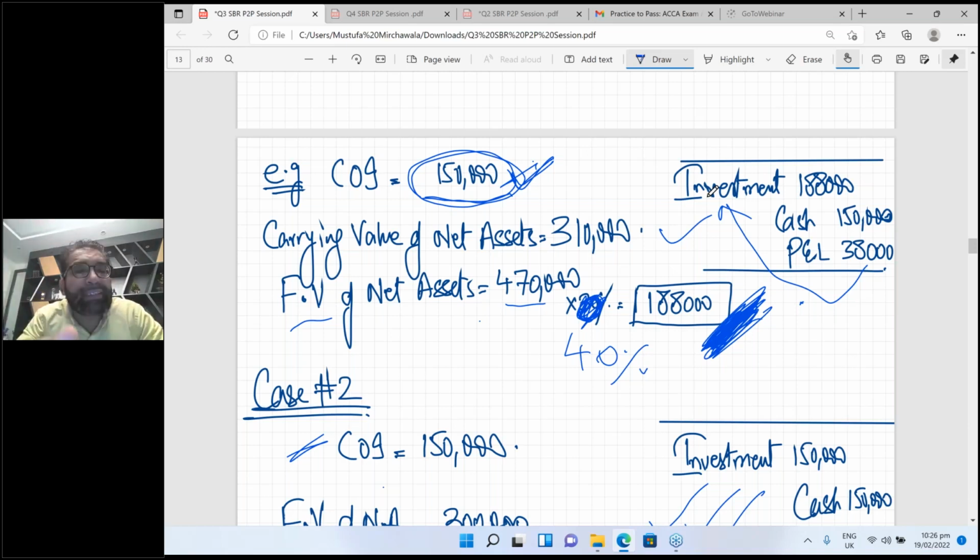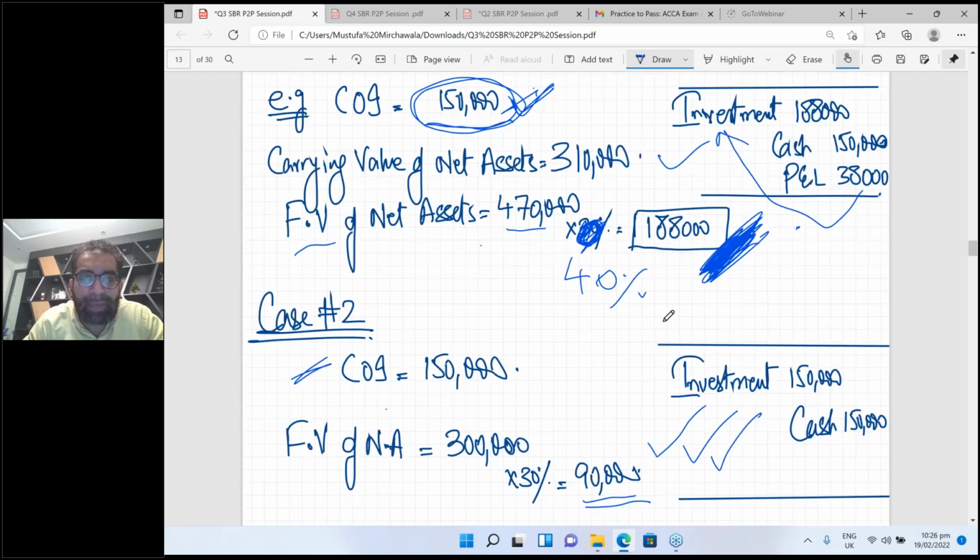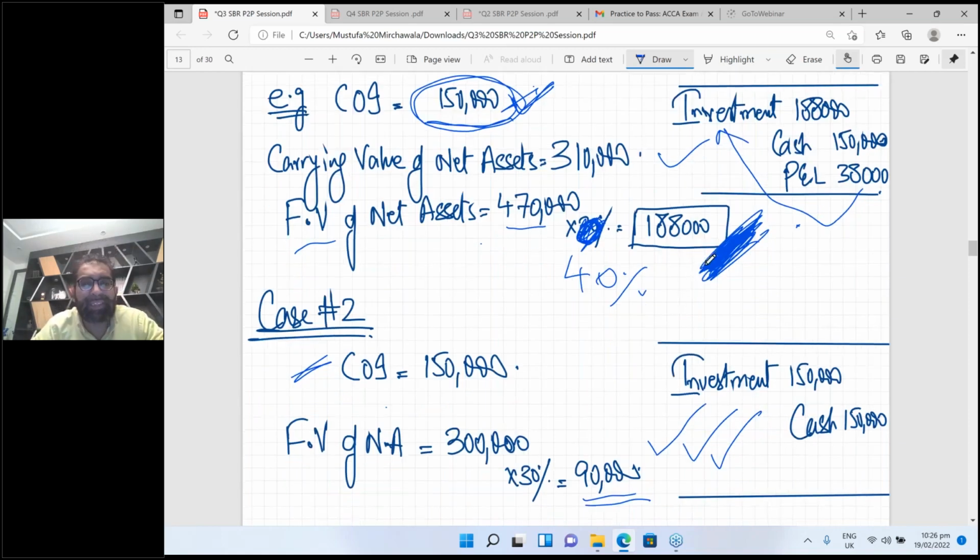So in both cases, whether a positive or negative goodwill arises, negative goodwill meaning gain on bargain purchase, it becomes part of your investment.